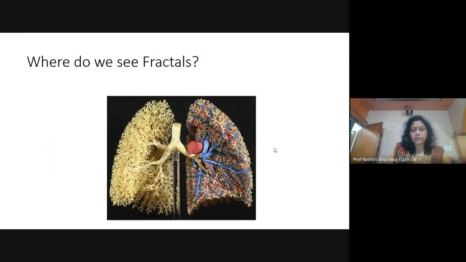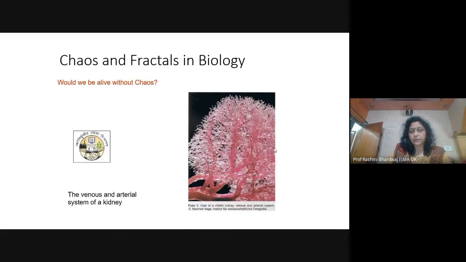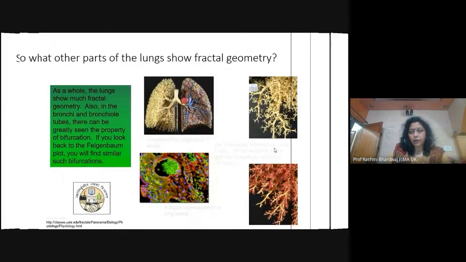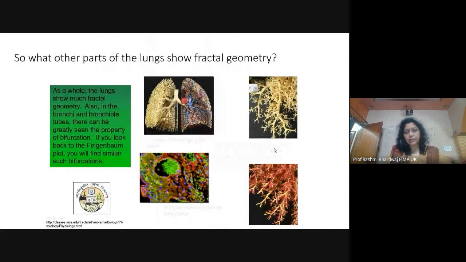So our lungs are fractal in nature. Kidney also has fractal behavior. I already showed that in the lungs, in the bronchi, all have the bifurcation in these fractal structures.